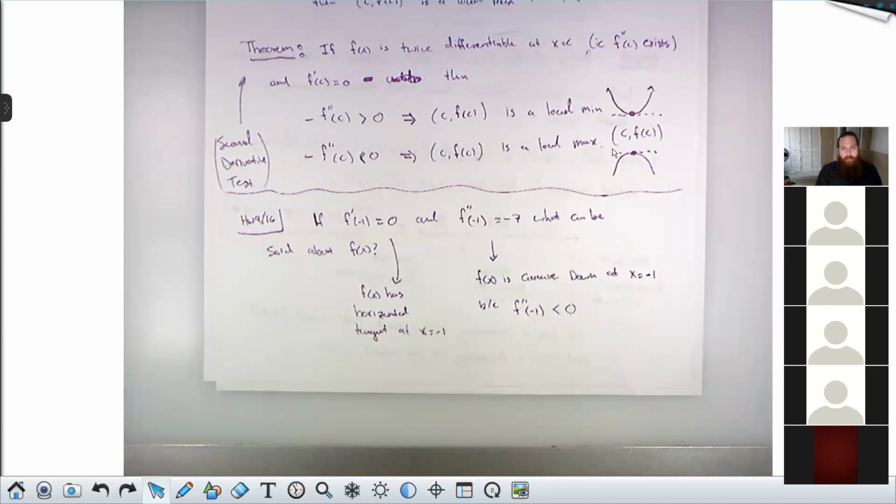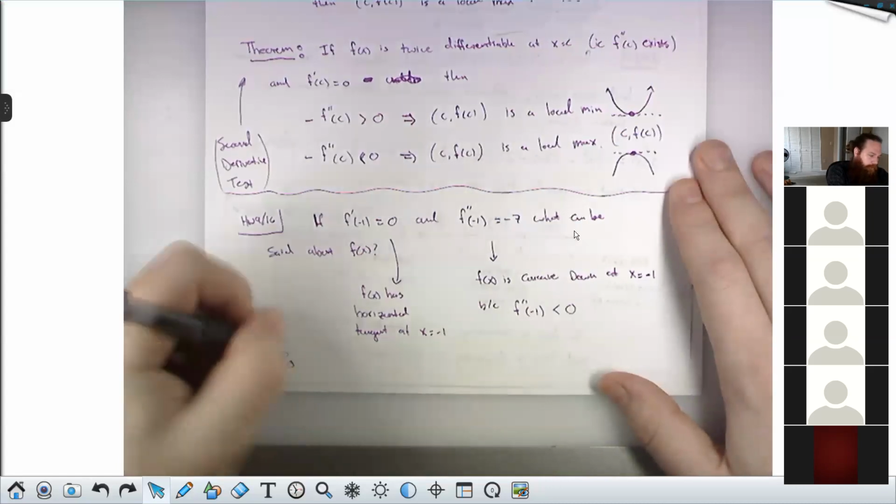So what must be happening there? Well, f prime is 0 and f double prime is negative, so it's got to be a local max, because the only way to have a horizontal tangent line when you are concave down is if you're rolling through a local max.